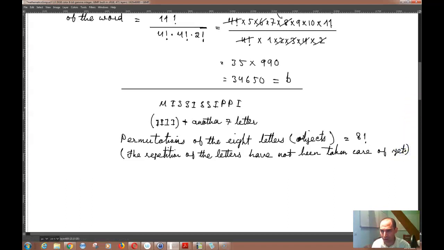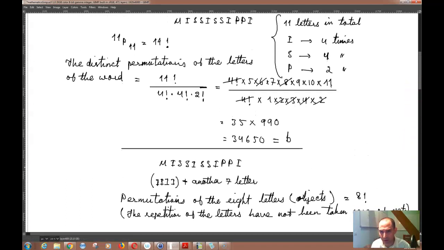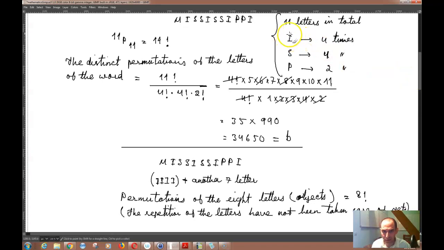Okay. Now the problem here is that, well, I has been treated as a group, so I'm not interested in the repetition of the letters I here. But you know that S and P were in these 7 letters.